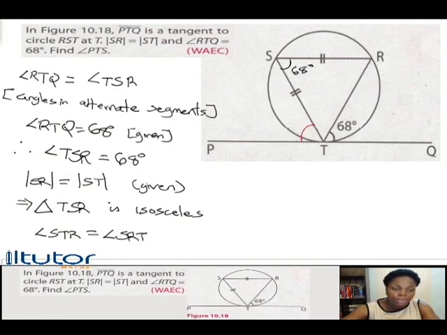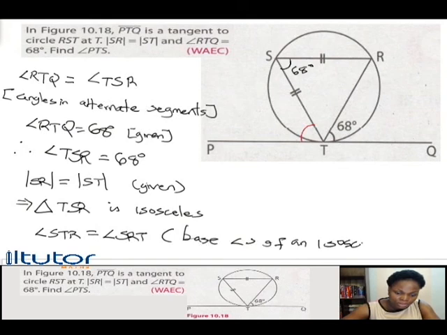So they are equal because they are base angles of an isosceles triangle.